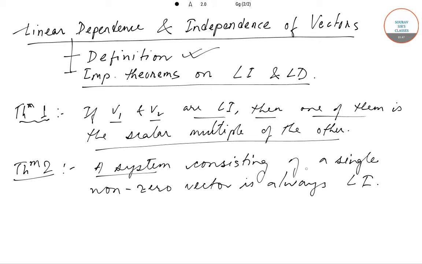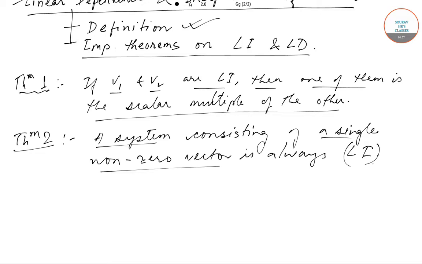So if we have a system which consists of a single non-zero vector, then that vector is always linearly independent, since it has no other vector in that system to be concerned about or be dependent on.